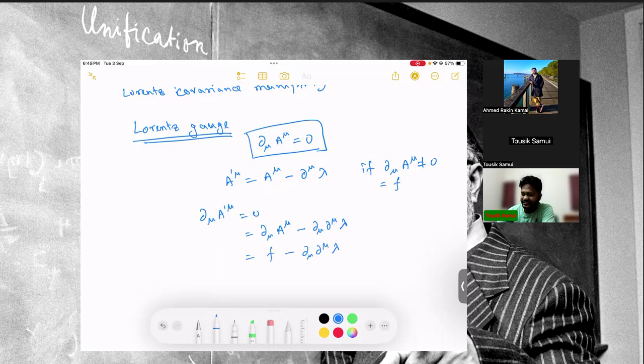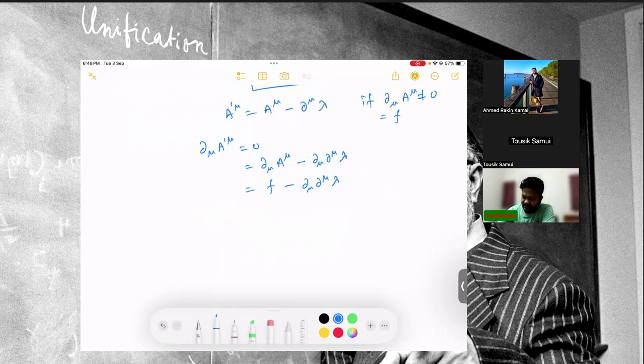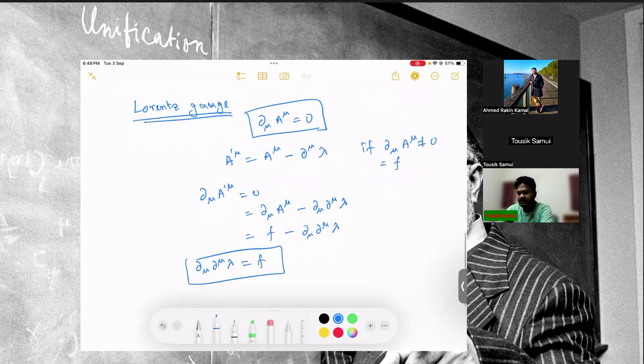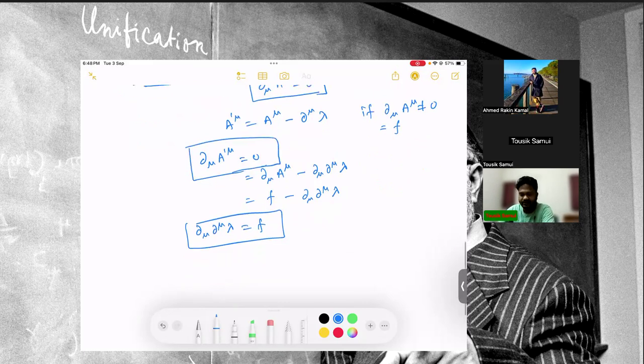We choose such a lambda so that the box of lambda is f. This way we can always make a transformation and choose this condition.